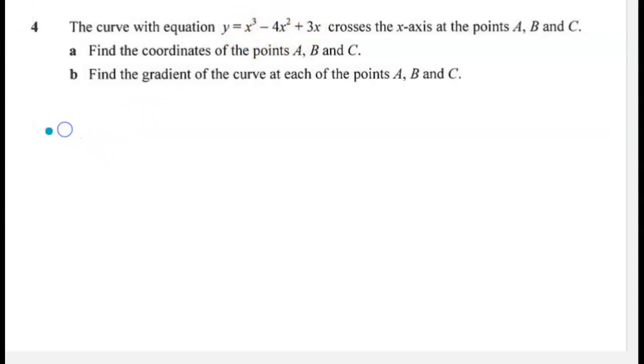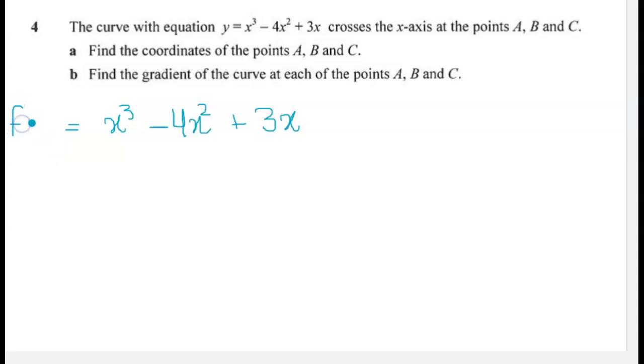First, we need to do the factorization. So we have the equation which is y equals x cubed minus 4x squared plus 3x. Now I need to factorize that one. There are multiple ways of doing it. Let's do an easy way.